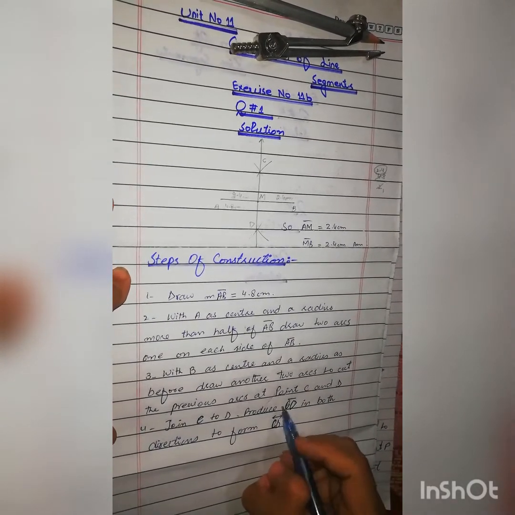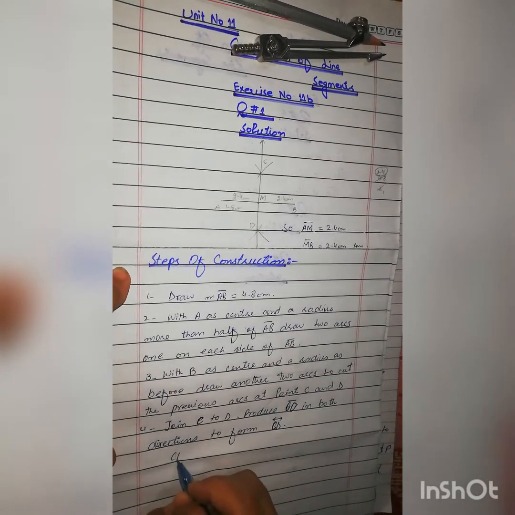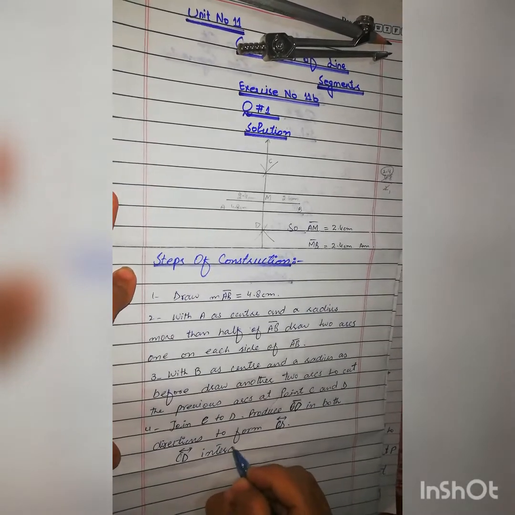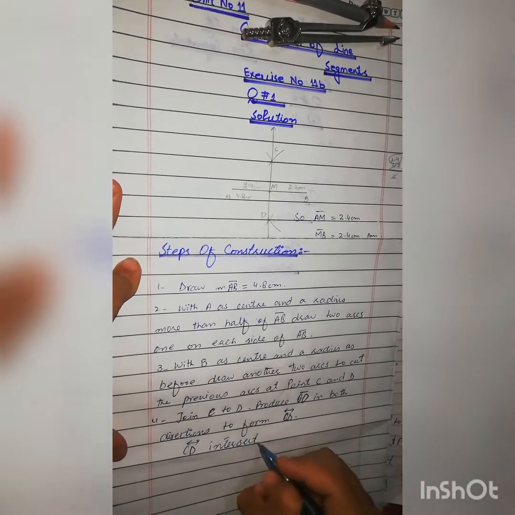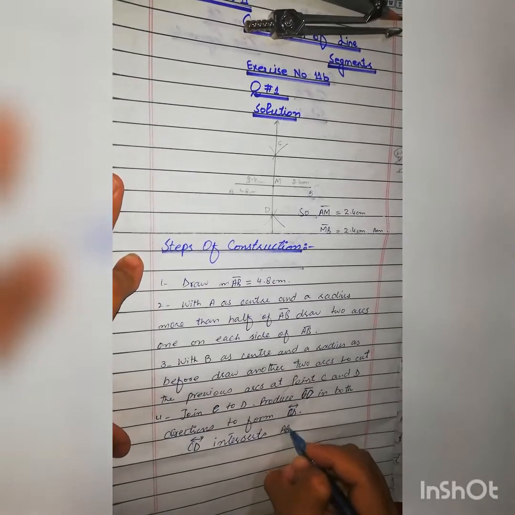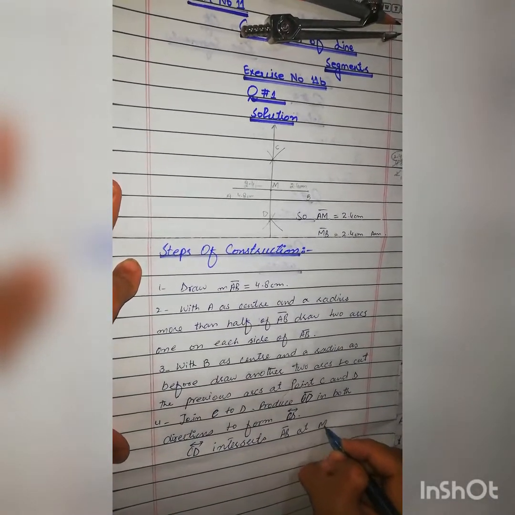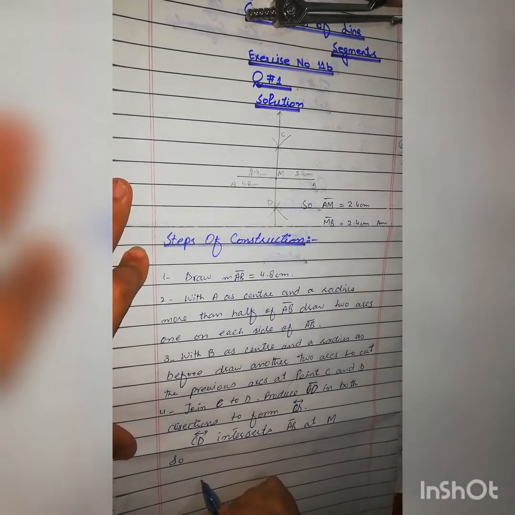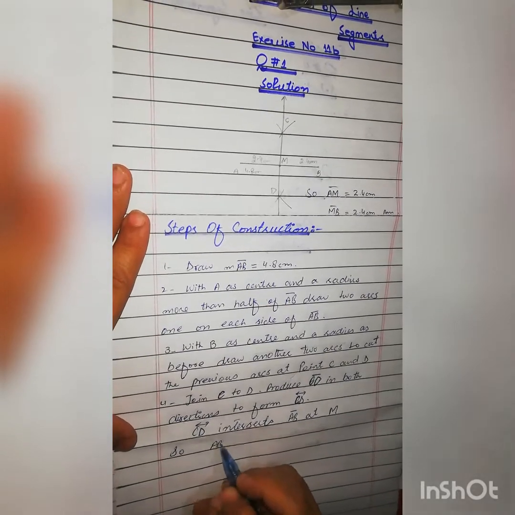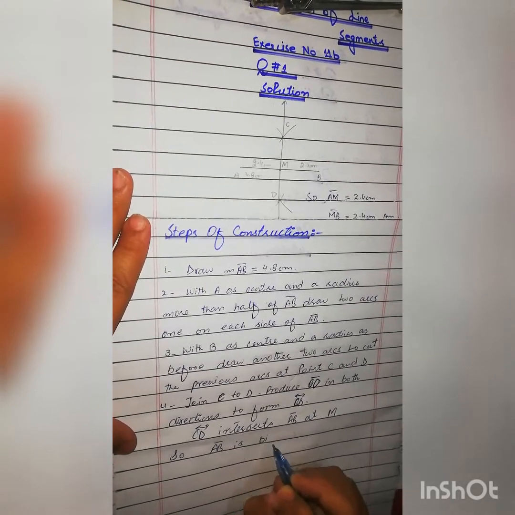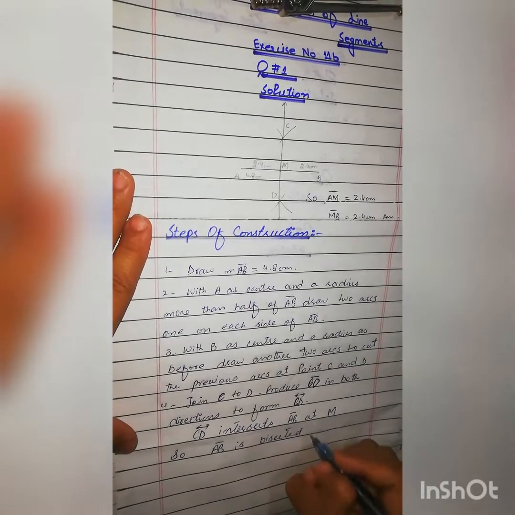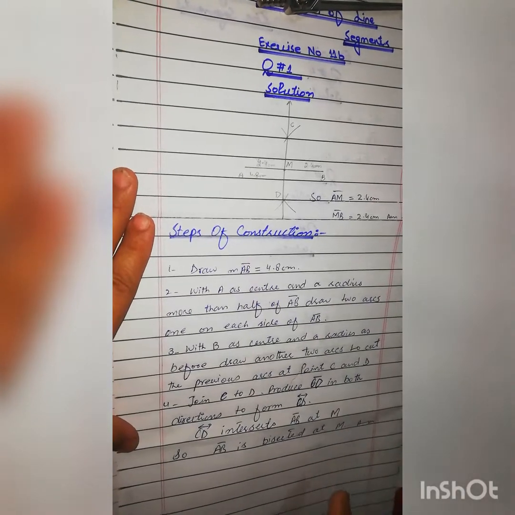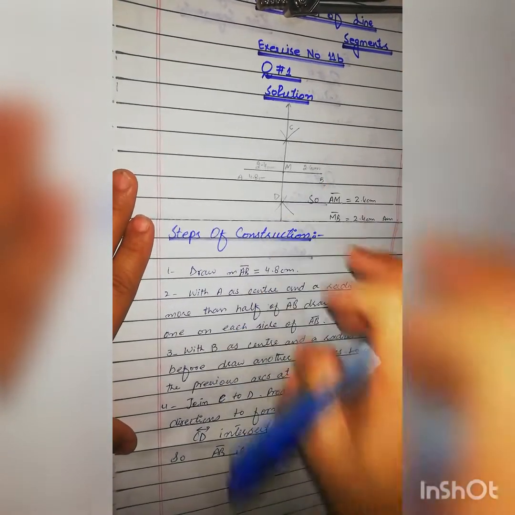So dear students, line CD intersects line segment AB at point M. So the line segment AB is bisected at point M. This is the proper solution with the steps of construction of question number 1.